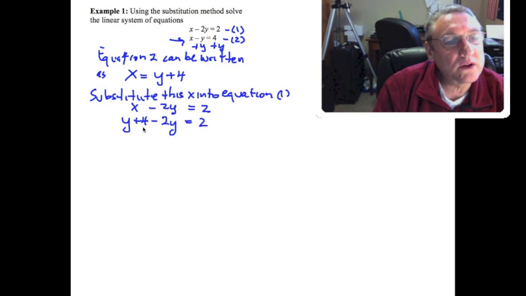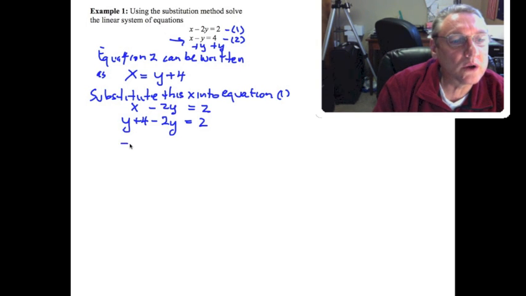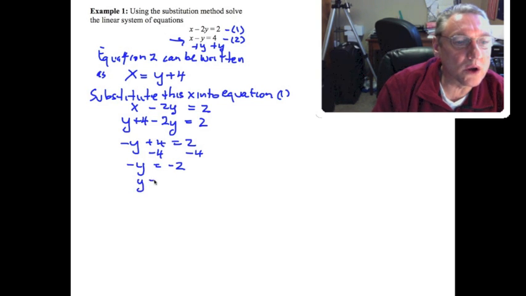Now notice that we have only one variable, which is y, so we're going to have y minus 2y is negative y, plus the 4 is equal to 2. I can subtract 4 from both sides, so I get negative y is equal to negative 2, so this tells me that y is equal to 2. Now, final step here is we need to now find the corresponding x.